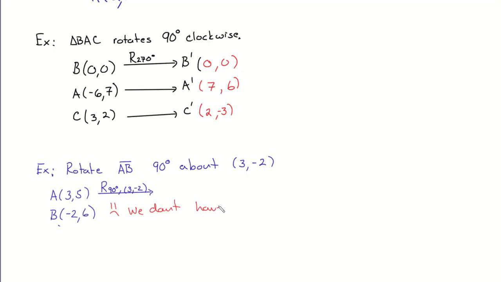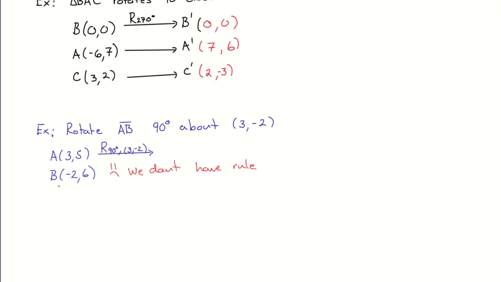Now, if we realize that just by moving that center of rotation back to the origin, we now do have rules, everything gets easier. So on A at 3, 5 and B at -2, 6, let's just move everything. And Lily, you told me a second ago, if we want this point to become the origin, how do I move it? Left 3, up 2.